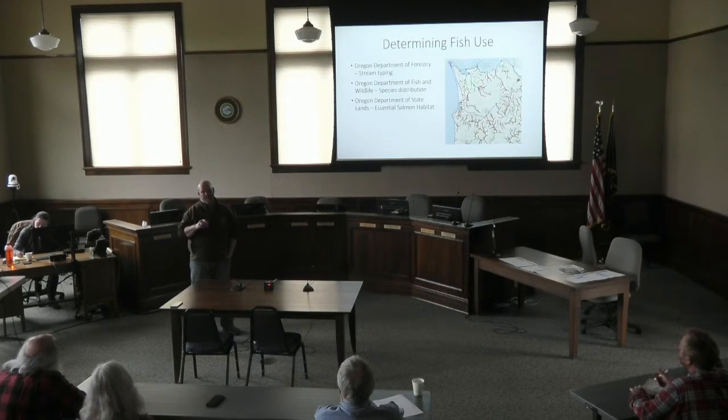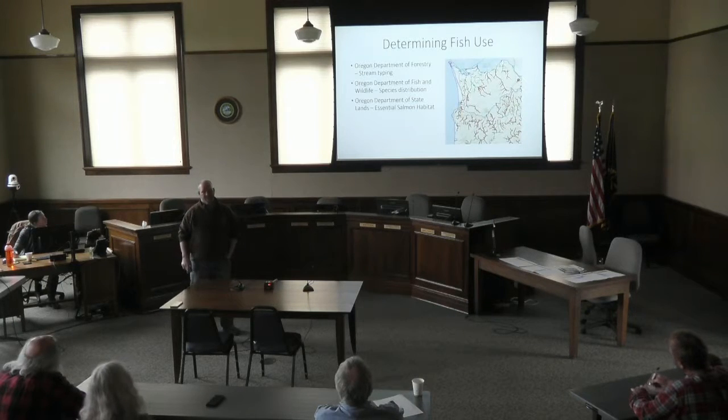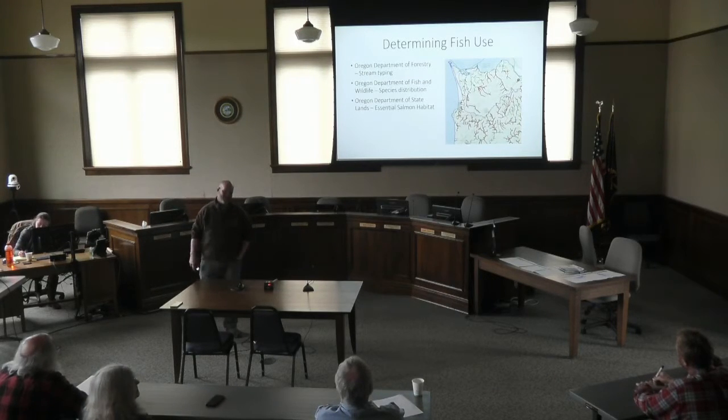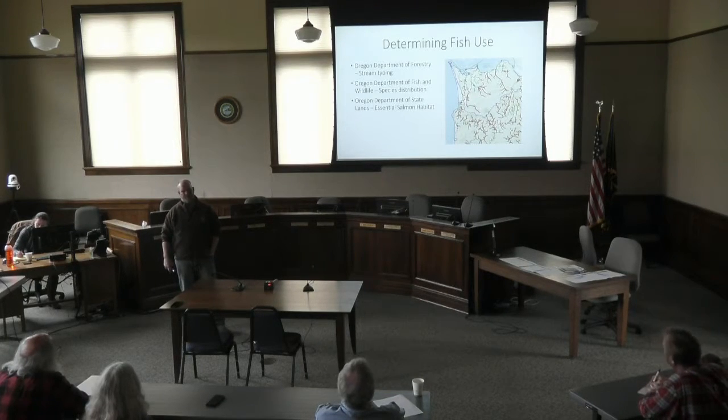It would show up on ours just as a linear line, so you wouldn't get an area from our distribution or from Forestry's. The Department of State Lands wetland delineation maps would have areas for the situation you're speaking of, but only if they've delineated it, and that's an ongoing process. So no, they're not all documented. We know where the streams go through those. That's the information.